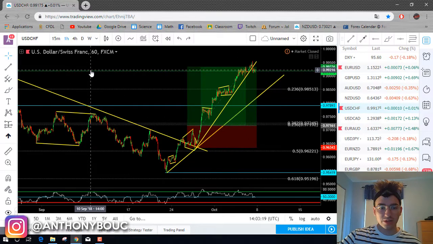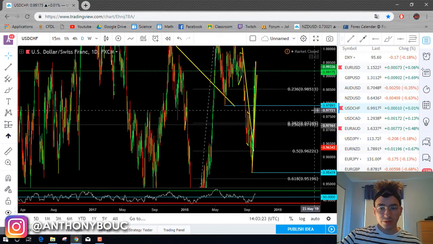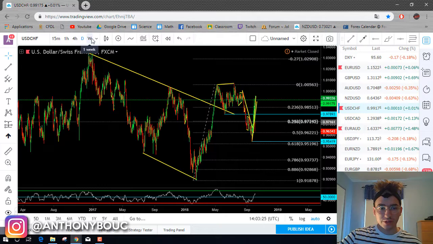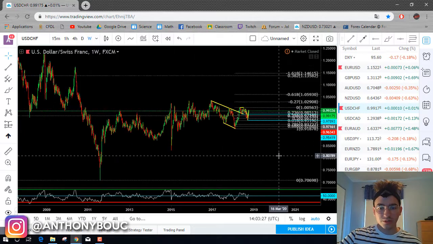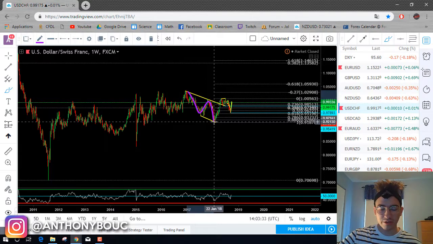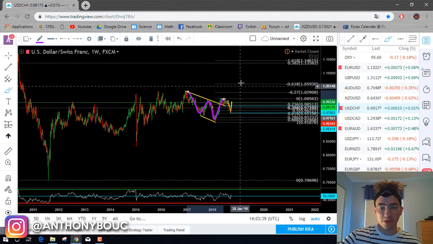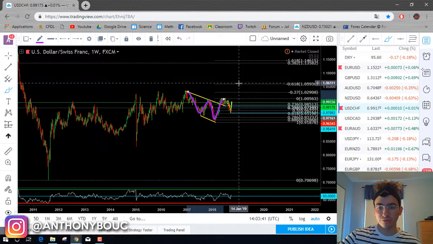But first of all, let's look at the higher picture. So let's go even on the weekly chart. So you see on the weekly chart that here we made a very distinctive pattern. We have this 1, 2, 3 correction here. We have an impulse, and we are making another correction. So on the long term, we are maybe actually going back up for a much bigger movement.